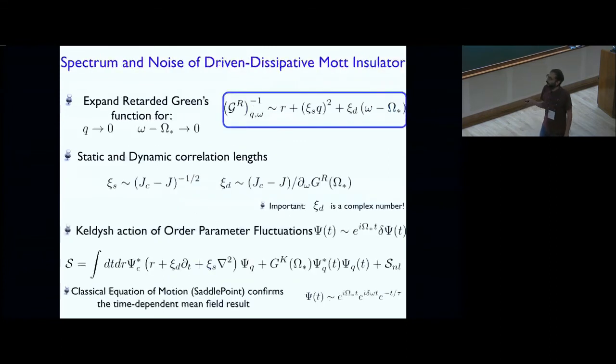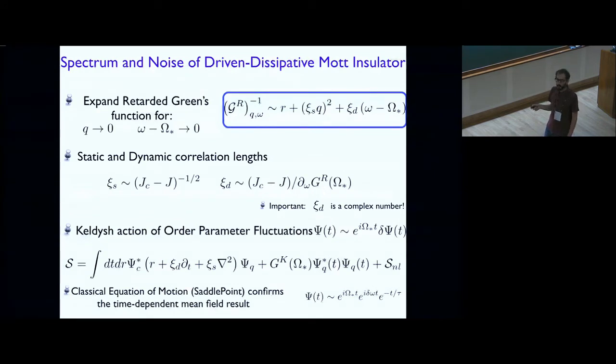You can look at the Green function of this lattice in this RPA kind of theory, and do the long wavelength, small q and small omega approximation. But it's important now that you expand around this frequency omega star, which is really the mode that is going soft. And if you do this expansion, you realize that there are correlation lengths which are diverging at the phase transition, as you expect.